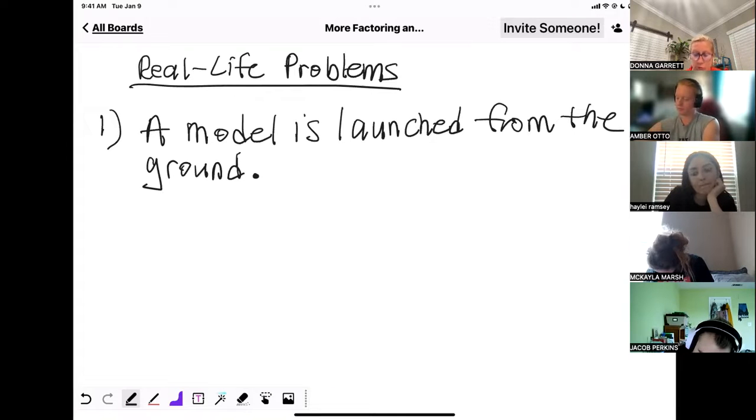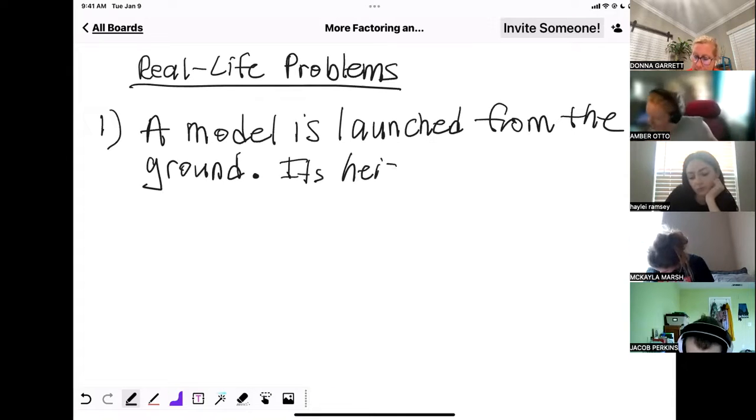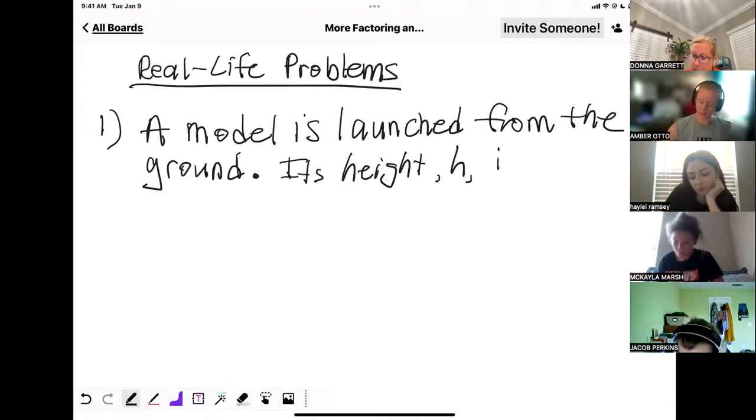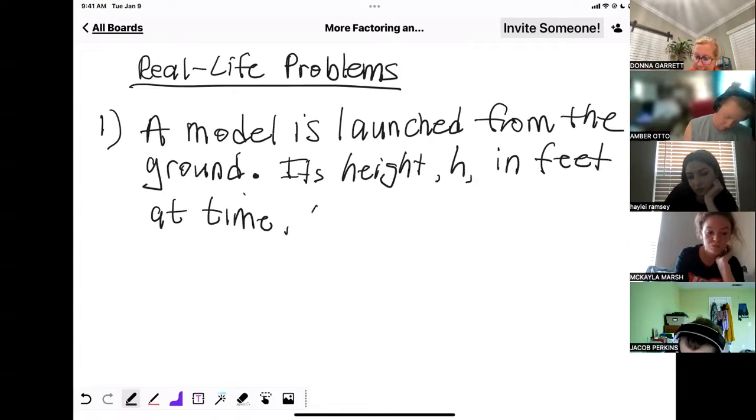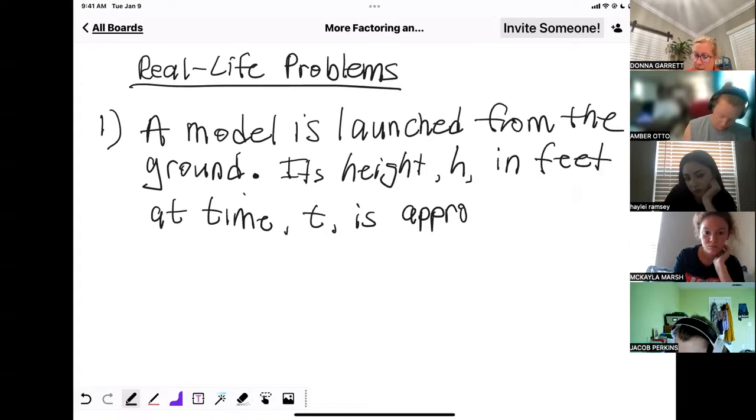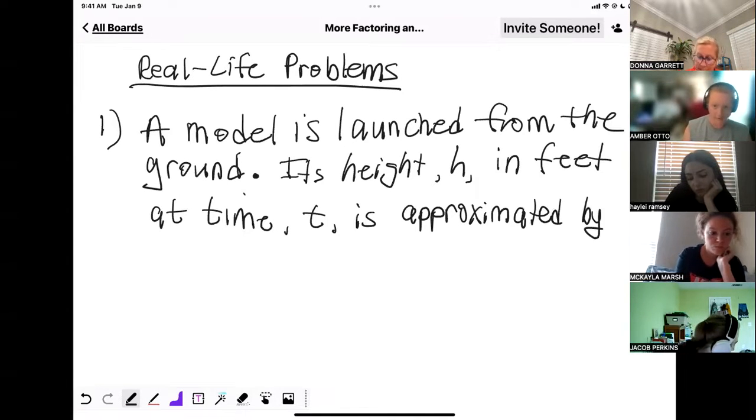A model rocket is launched from the ground. Its height, h, in feet, at time t, is approximated by this equation.